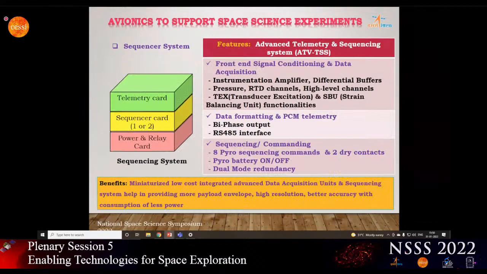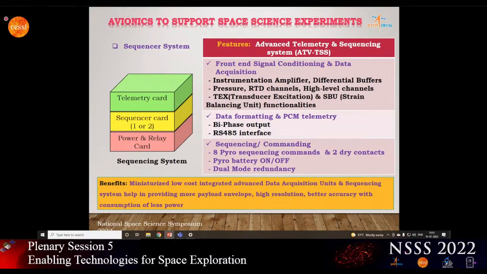And critically, you can consider the sequencer system. The latest sequencer systems being developed come in a hybrid nature along with the relay card, the kind of commands we can provide, along with different kinds of transducer channels and instrumentation amplifiers, and the processed data in very accurate forms, by suitably removing the noise available in the measurements.